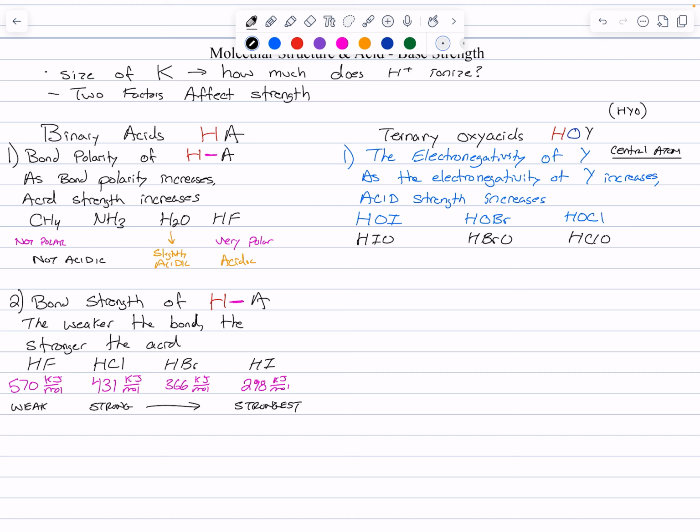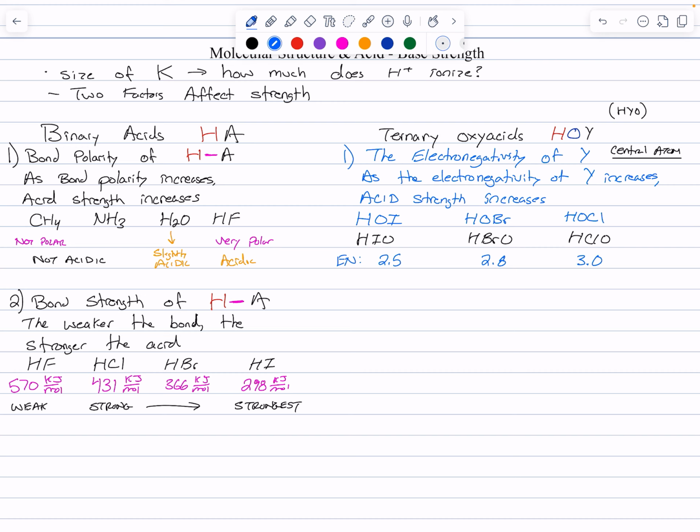And so for naming purposes, hypochlorous acid, hypobromous acid, hypoiodous acid. All right, so the electronegativity of the central atom. So for I, it's 2.5. For bromine, it's 2.8. And for chlorine, it's 3.0.